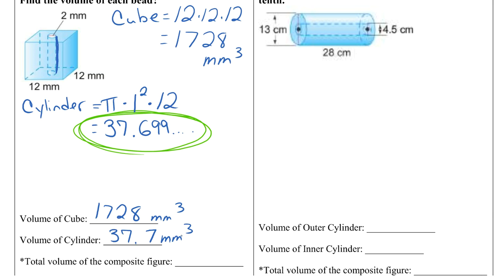So we need to subtract the volume of the cylinder because it's taken out of the cube. If I take 1,728 and subtract 37.7, I get 1,690.3 millimeters cubed. So that is the volume of the bead, since the center cylinder is an empty space.